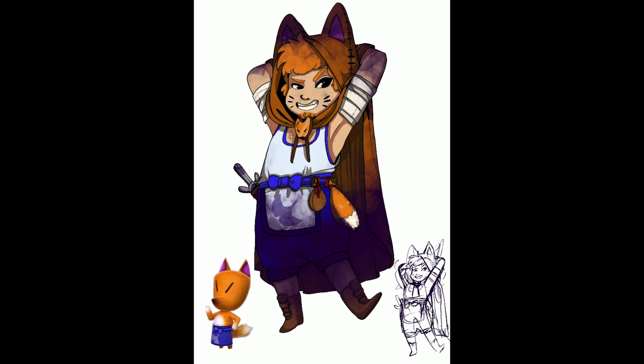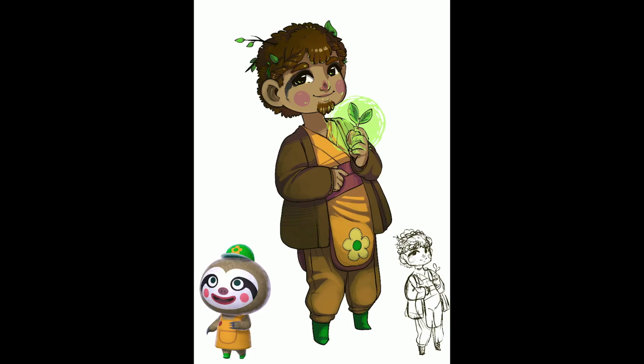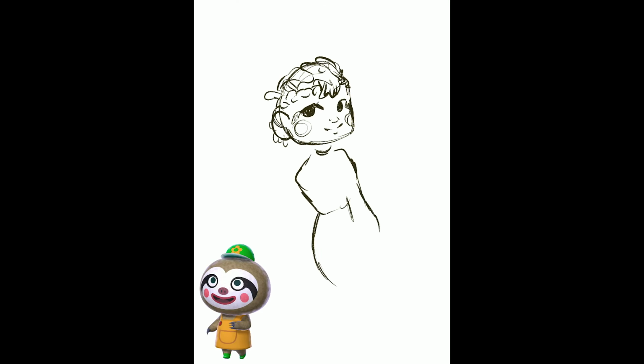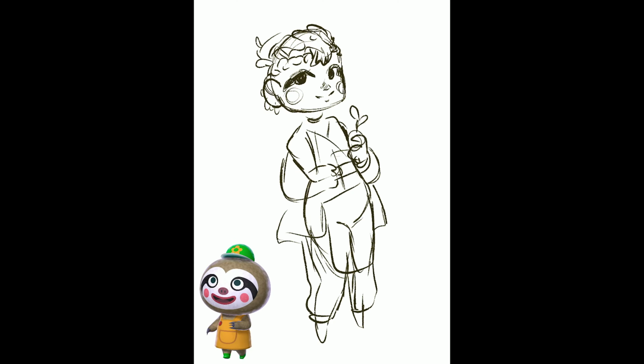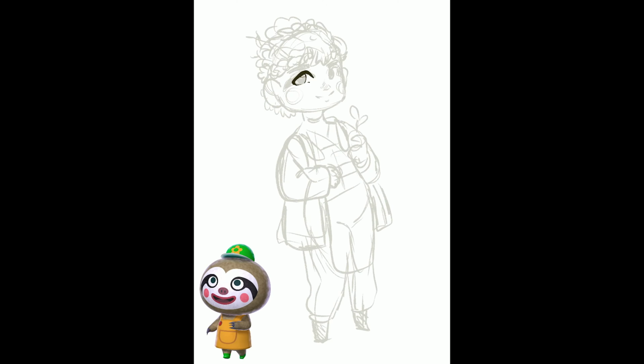We could have made him an elf, we could have made him a tabaxi, but I decided that he has a cat-eared hood. I just think that's really cute. Most of these design ideas were just because I was sat there going, yeah, that would be cute.